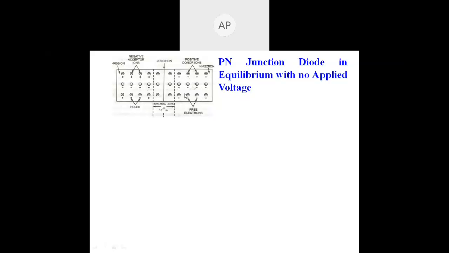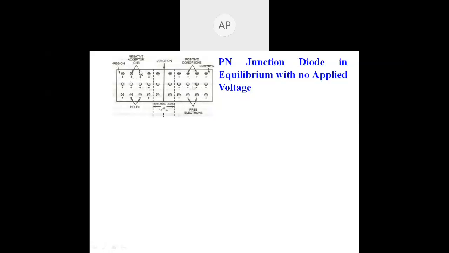On the N side, or N type, the majority carriers are electrons and the minority carriers are holes. So if you observe, for the P type and the N type there is a concentration of carriers. In the P side we have the hole concentration, and in the N side we have the electron concentration.